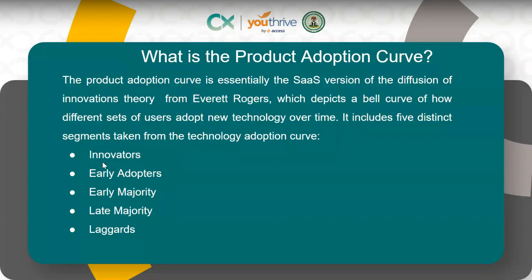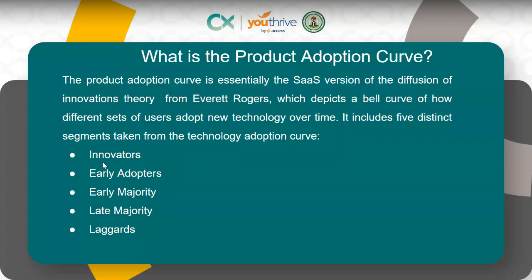It depicts the bell curve of how different sets of users adopt new technology over time. So this curve just shows you how users adopt new technology over a period of time. The focus here is the stages users go through as they start using your product.